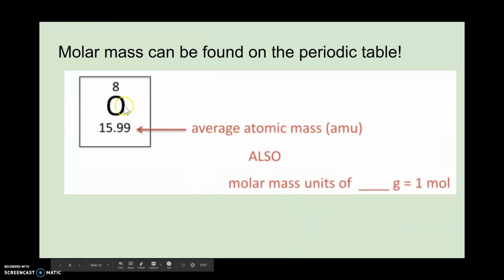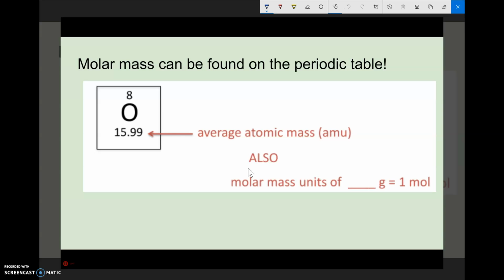Okay, so there is your molar mass found on the periodic table. Remember, that's your average, but it also means grams in 1 mole. So for oxygen, we can say that 15.99 grams is equal to 1 mole of oxygen.